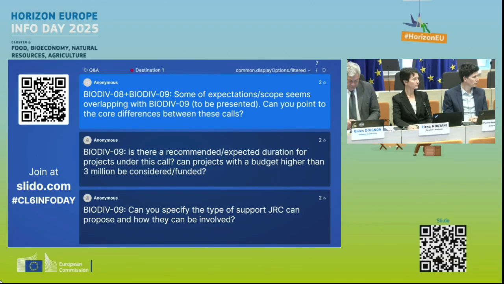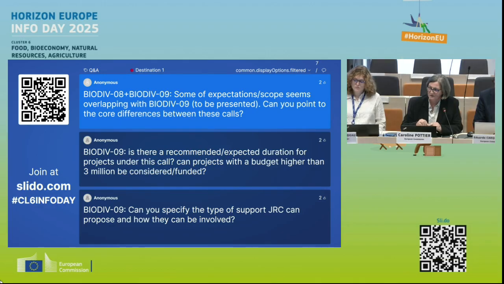Between these two topics, we have clear differences because, as I just mentioned, on topic 9 the main focus is on citizens, information, communication, democracy, while the other topic is more about economic models.